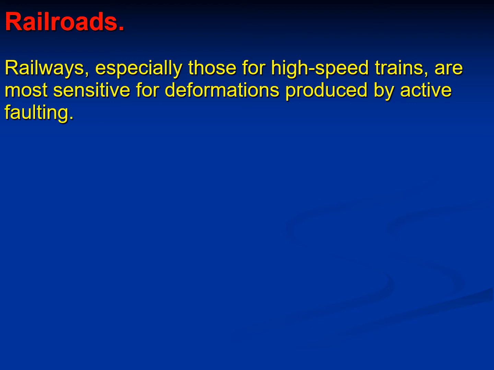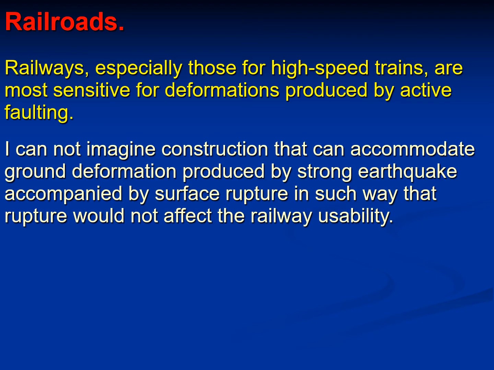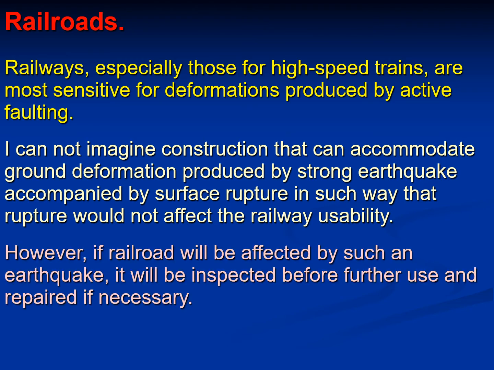Railroads, railways, especially those for high-speed trains, seem to be most sensitive to deformations produced by active faulting. But I cannot imagine a construction that can accommodate ground deformation produced by a strong earthquake accompanied by surface rupture in such a way that the rupture would not affect the railway usability.